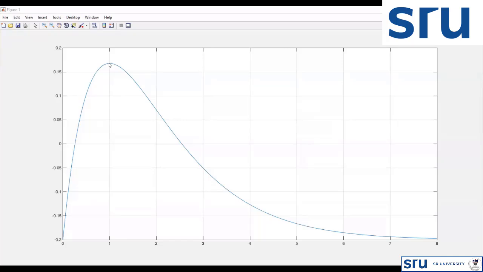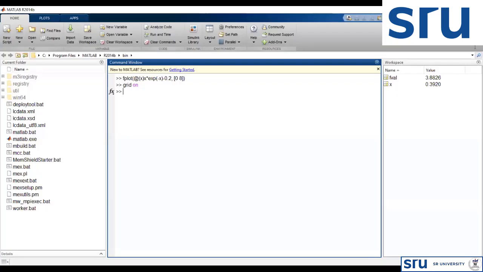So we'll do it in MATLAB. Here x, fval is equal to fminbnd.